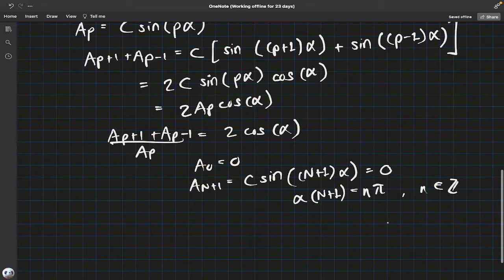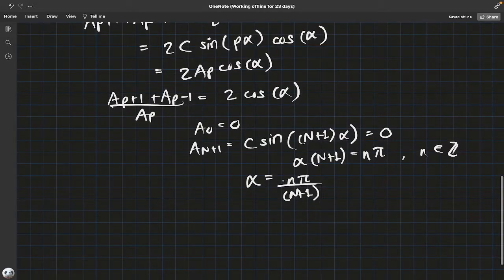This is just the general solution for the sine. So that means alpha is generally n pi over N plus 1. So we have like an N amount of them which satisfy these conditions.